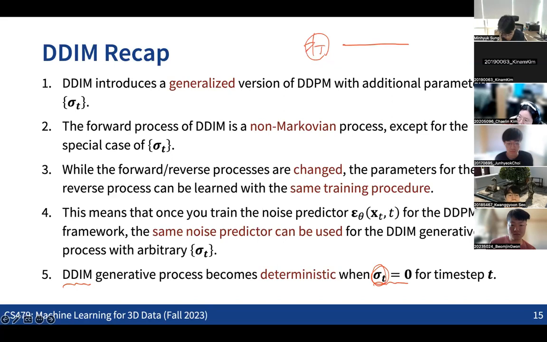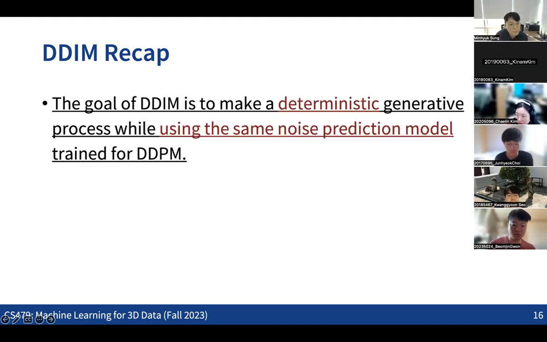You just need to run the propagation of the noise predictor, get the noise, and all the computation is deterministic. There's no sampling from the unit Gaussian distribution. So these are the key effects of the DDIM.